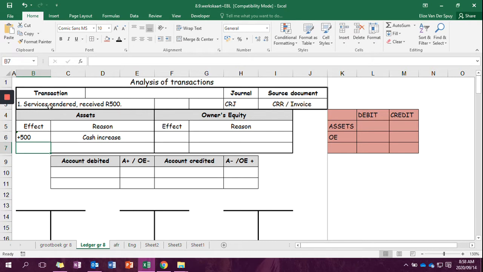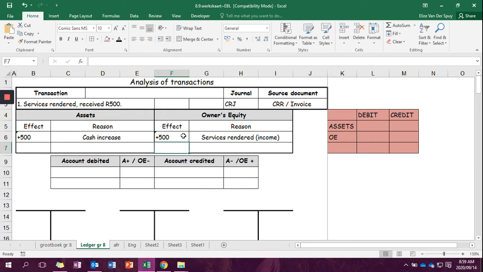Our cash increased because we had a service rendered. So services rendered is an income, and that will be an owner's equity account. Therefore our owner's equity is also going to increase with 500 Rand, and we are going to call this services rendered, and in brackets we'll say income, or we can say current income.